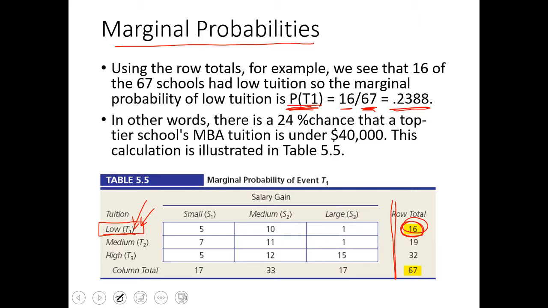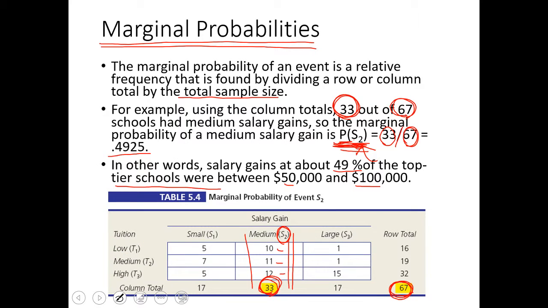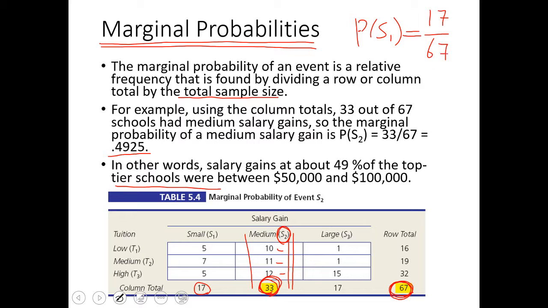Again, using the same method, we can obtain the probability of S1 as 17 over 67, and probability of S3 is also 17 over 67.